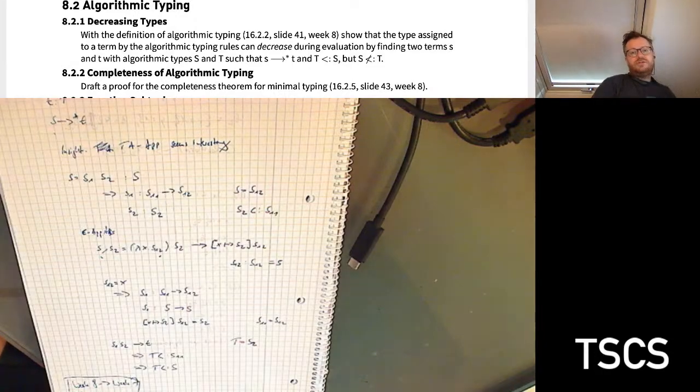Good. Questions for the first part of 8.2, so the 8.21?